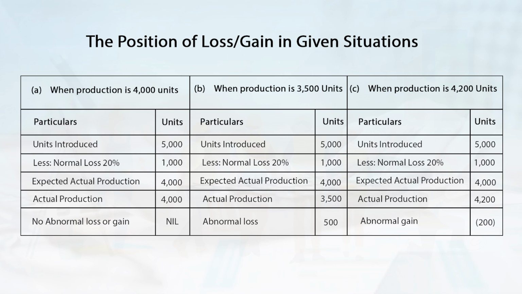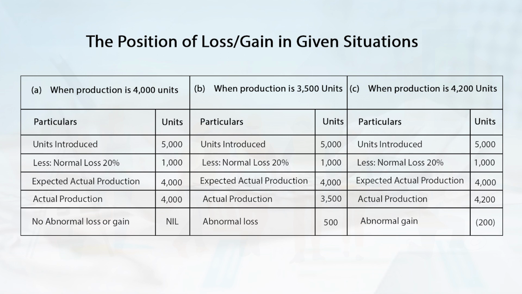For each case, we will prepare 2 columns, particulars and units. For first, when the production is 4000 units, units introduced 5000 units, normal loss 20% which is 1000, therefore expected actual production 4000, actual production is also 4000 units, therefore there is no abnormal loss or gain.